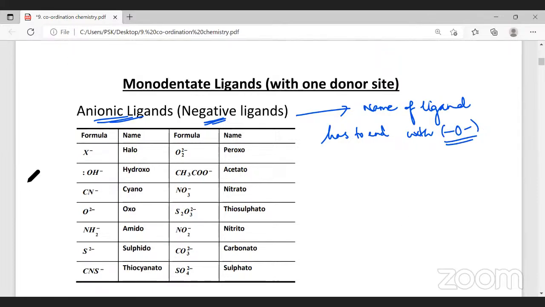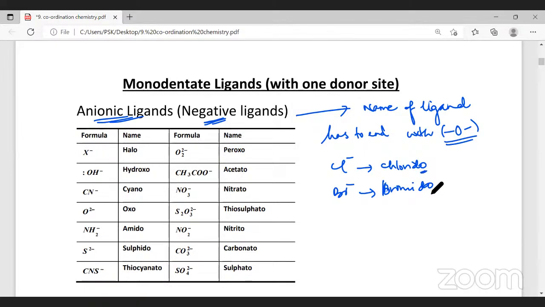Now just observe this. X minus is called halo, where halogen is represented as X. If it is chloride ion, it is called chlorido. If it is bromide ion, it is called bromido.